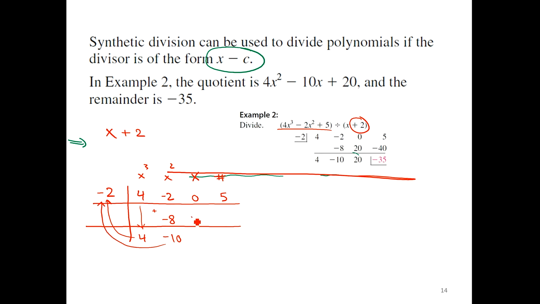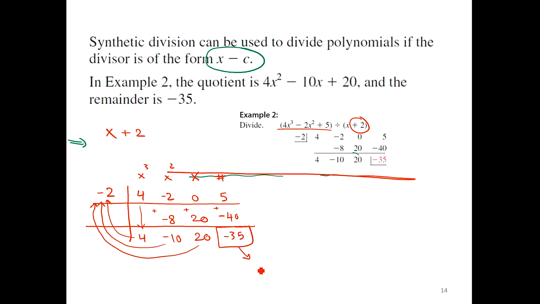We have 20. Add 0 with 20, we have 20. Multiply 20 by negative 2, we have negative 40. Add 5 with negative 40, so we have negative 35.